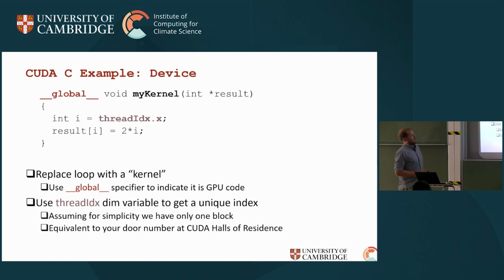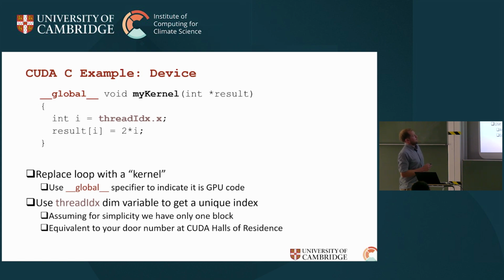So this is what that looks like. It doesn't look too different, right? It looks reasonably similar to the for loop. There's a bit of oddness that needs a bit of explanation, but it's not massively different. We've got the same compute that's happening, but there are a couple of things we've done. First of all, we've put it into a function. This is a kernel function, so this represents the fact that it is a program that is going to run on the GPU device.